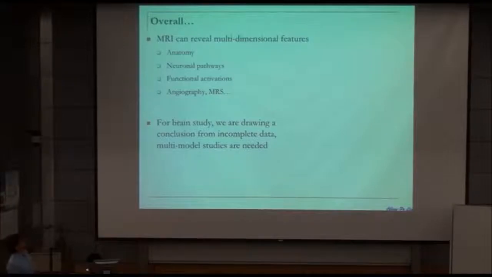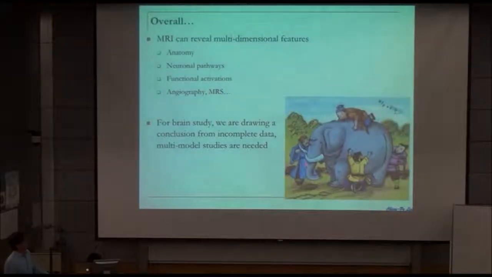So here is a very short conclusion for this lecture: MRI can reveal a lot of multidimensional features, for example anatomy, neural pathways, functional MRI, and so on. MRS I didn't introduce to you; maybe in the future I will have the opportunity. But one of the most important issues nowadays is that we want to know the brain.